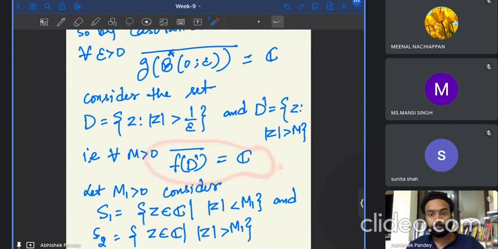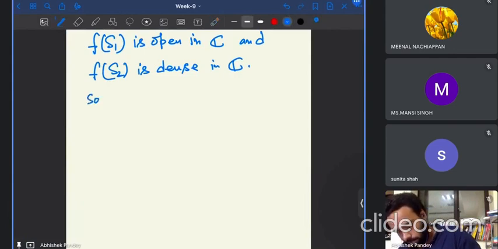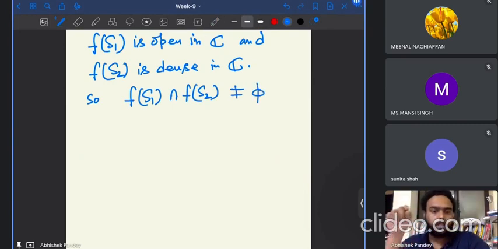So now, f of S1 intersection f of S2 is not equal to the empty set, because a dense set always intersects every open set.